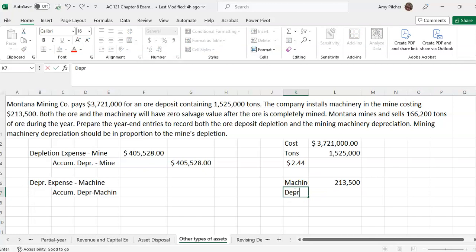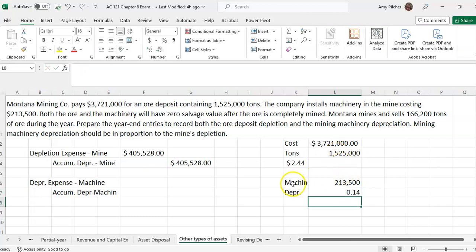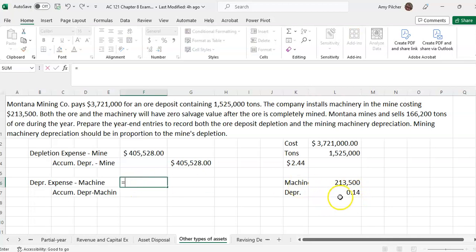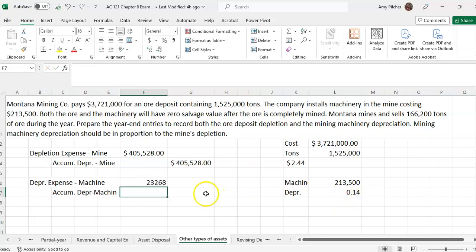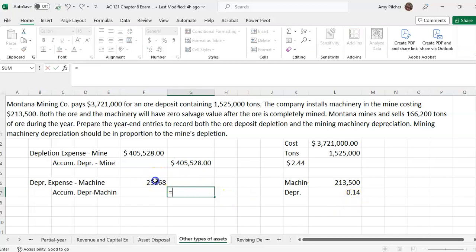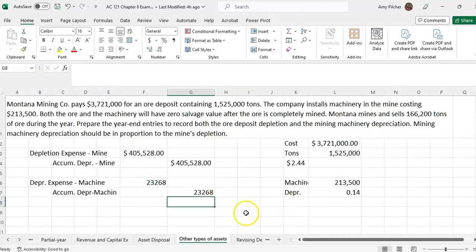So for the depreciation cost, we take 213,500 divided by the tons of ore. We get a cost of 14 cents per ton for depreciation. So we have 14 cents per ton, and we took out 166,200 tons of ore. Okay.